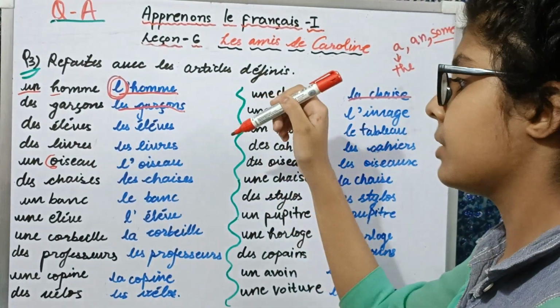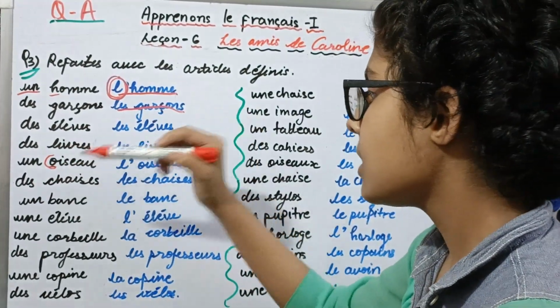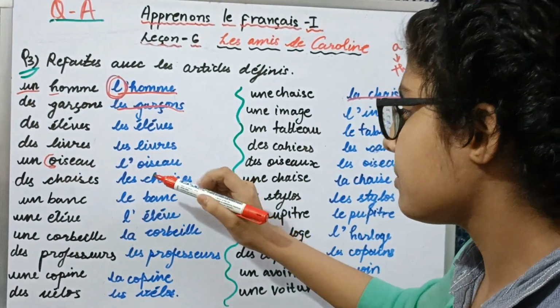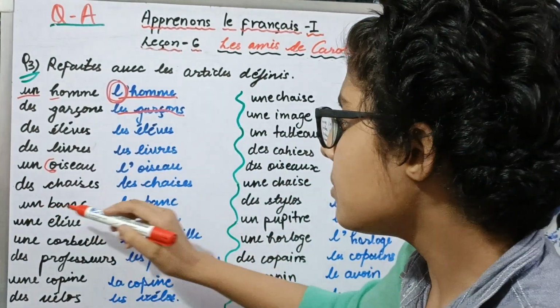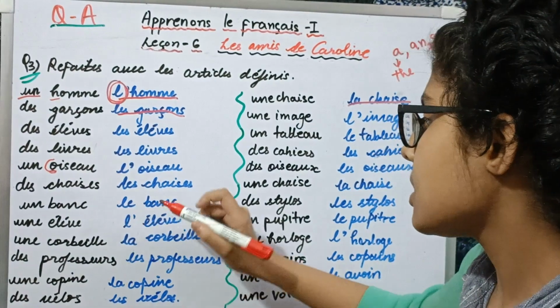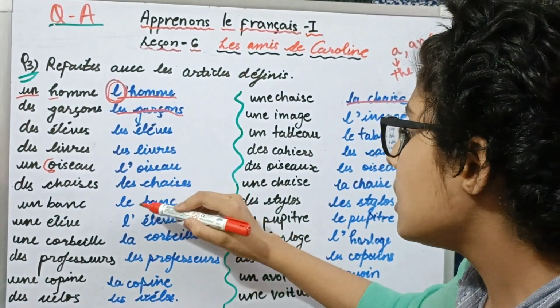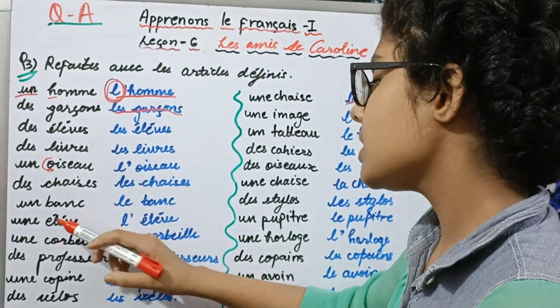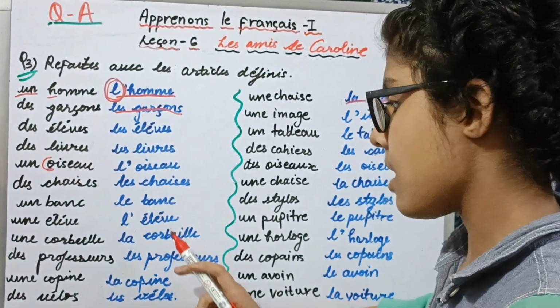It means the bird. Then we have des chaises, some chairs, which would be transformed into les chaises, the chairs. Un banc, a bench, would be transformed into the bench, that is le banc. Un élève is a student, and that would be transformed into the student, that is l'élève.